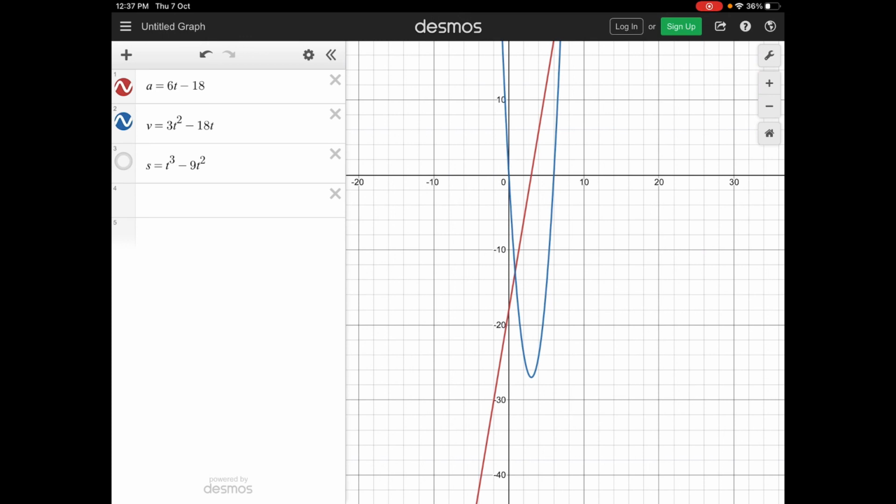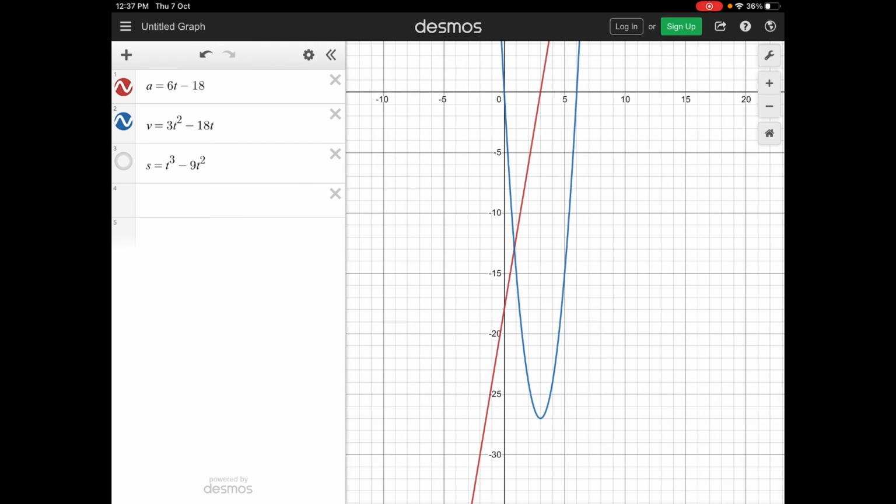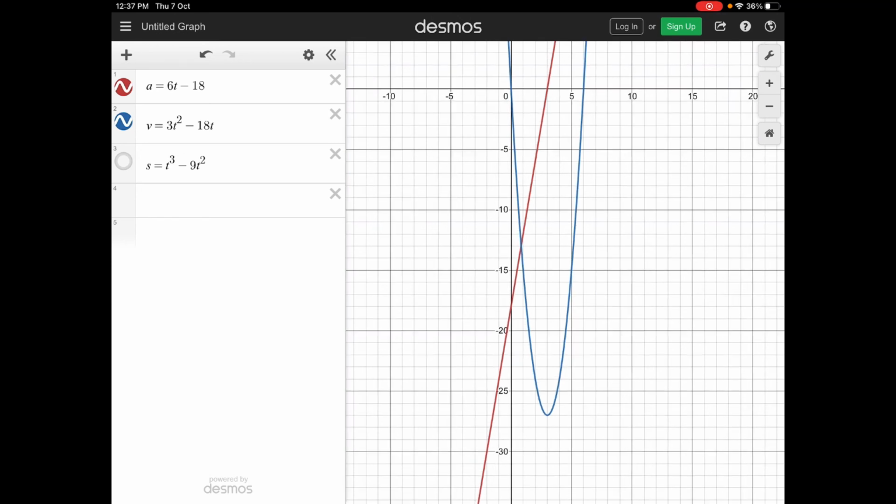Now we know that displacement is calculated from the area underneath the velocity function. If you have a look, our area is below the x-axis, which is why we get a negative value. Remember, the integral gives us signed area, calculated from the y-coordinate, as lots of tiny pieces chopped up, and we use our y-coordinate as the height.